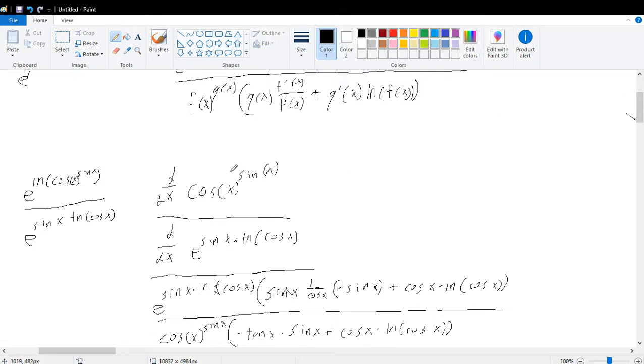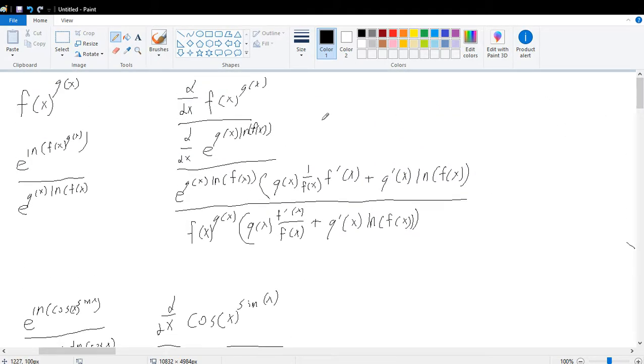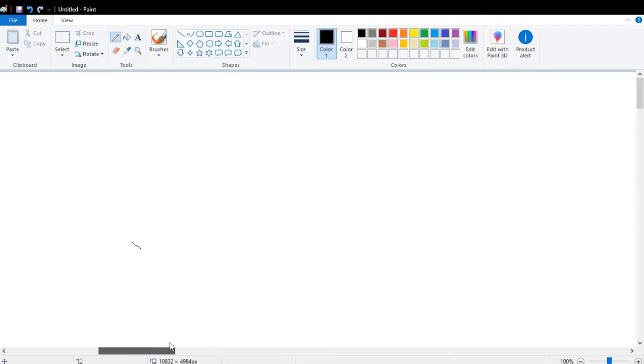Now, like I mentioned, you can use this to prove just the base power rule where the g of x would be a constant. So let's do that really quick. So f of x to the n. We know n is just a number, so we can use the power rule if we wanted to.